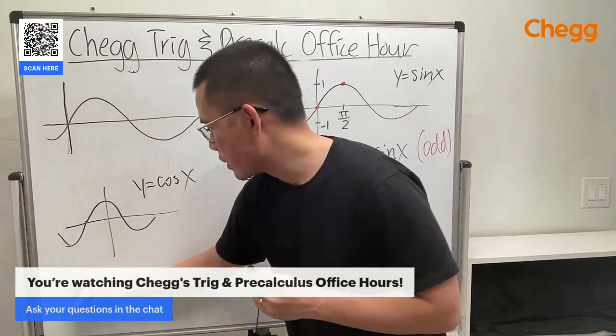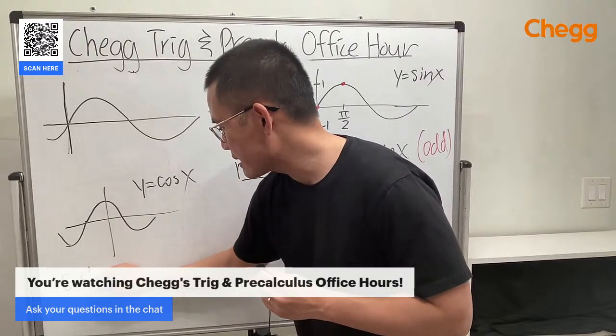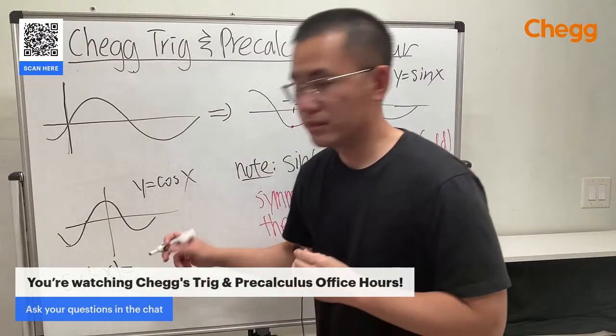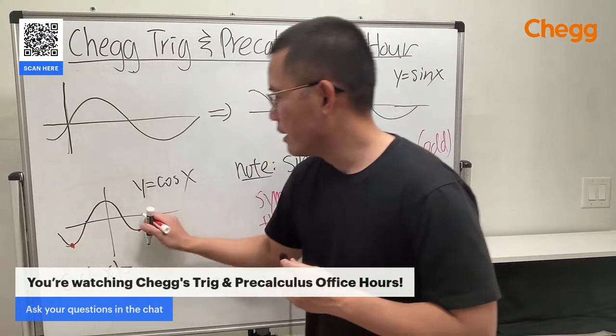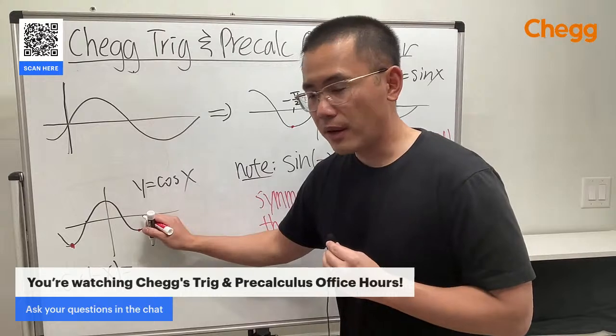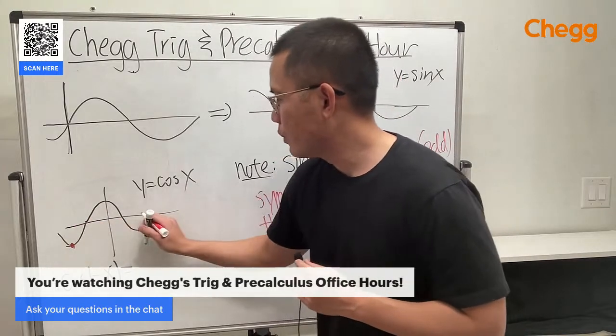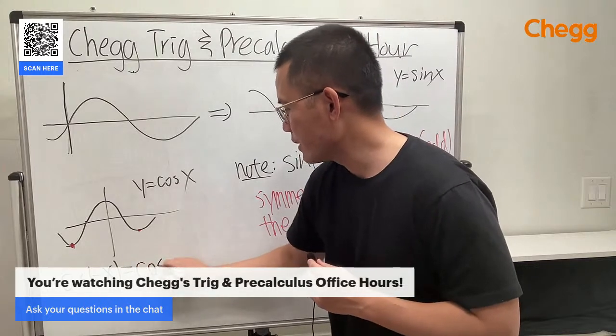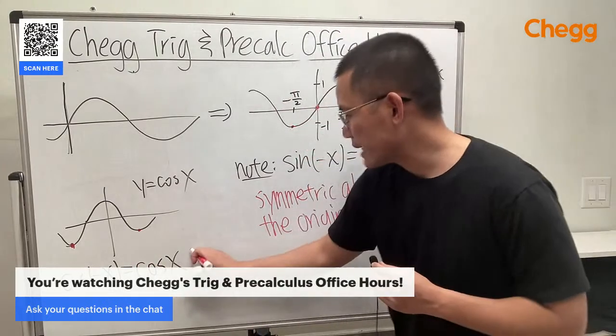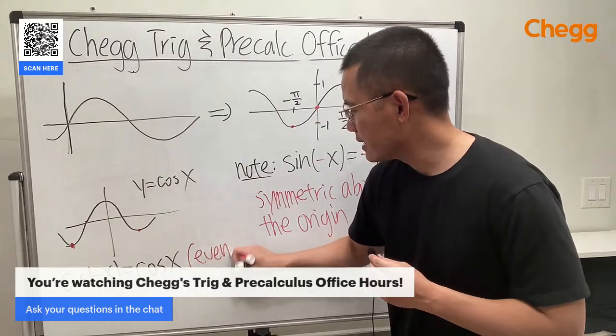So cosine of negative x gives you, if you look at this point, you can go back here, positive x value, this point, negative x value still give you the same y value. So this is the same as cosine of x. And in this case, we say that's an even case.